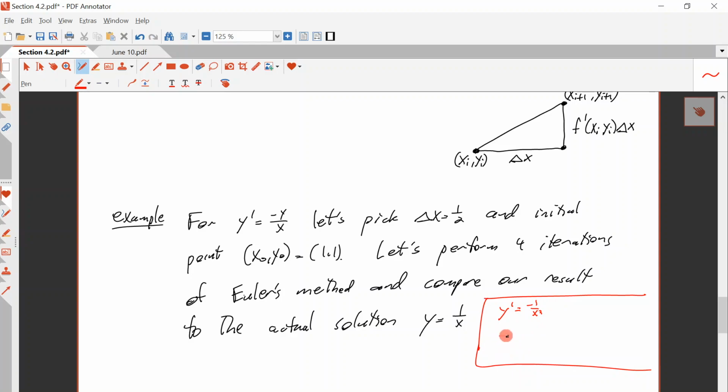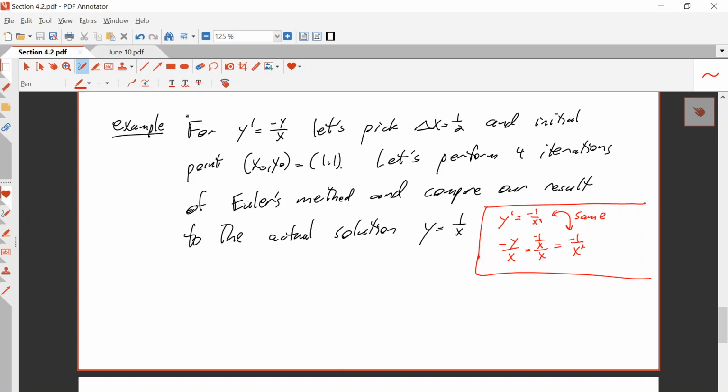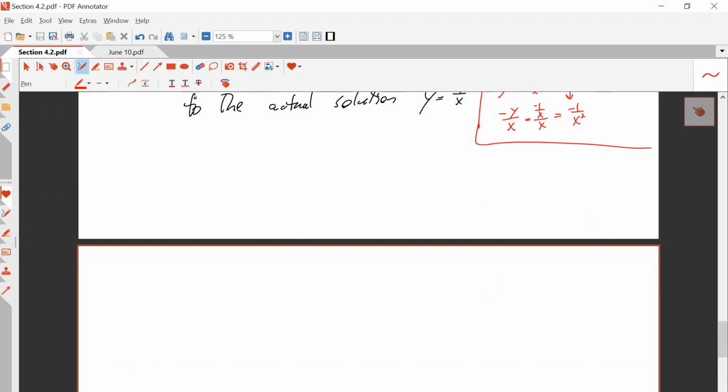And then minus y over x is equal to minus 1 over x squared, and these are the same. So that is the actual solution that goes through the point 1, 1. Since we know the actual solution, there's really no point in using Euler's method, but let's just do it for illustrative purposes.